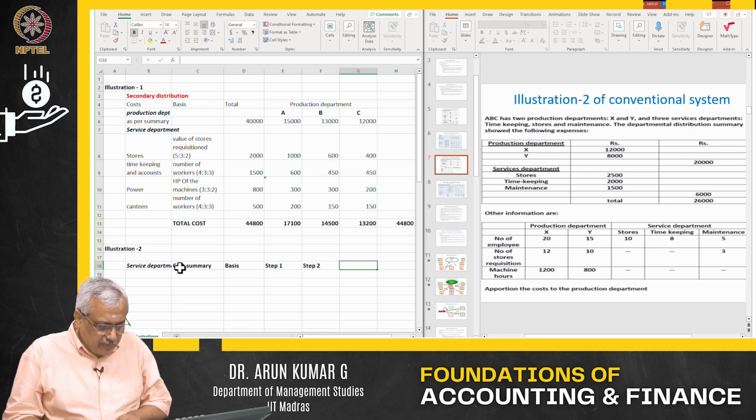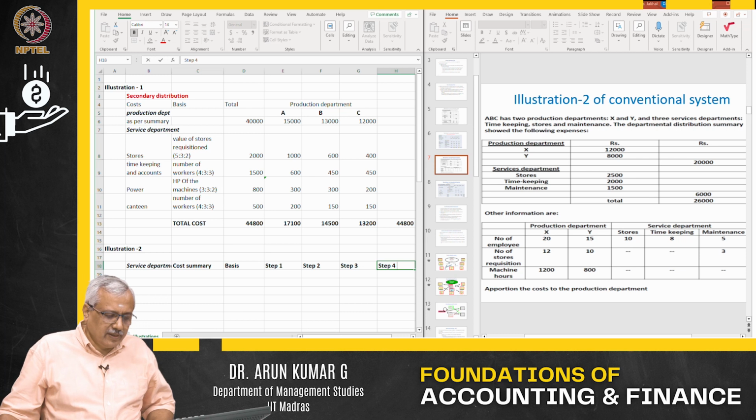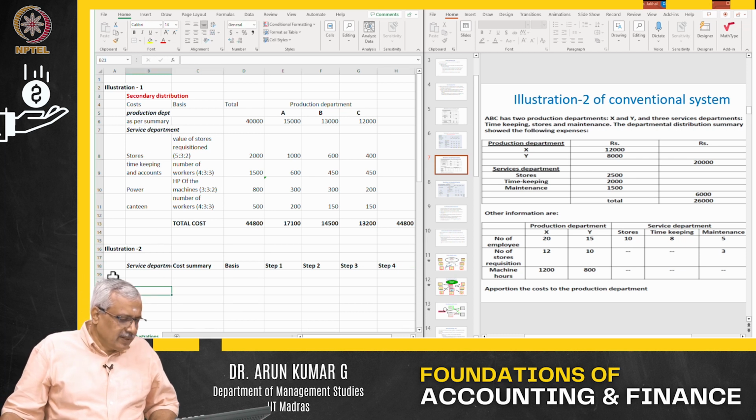What is the step 1, 2, 3 and 4? We will just watch it out here. Conventional system. Now, let me do all this by wrapping the text. Let me wrap the text.